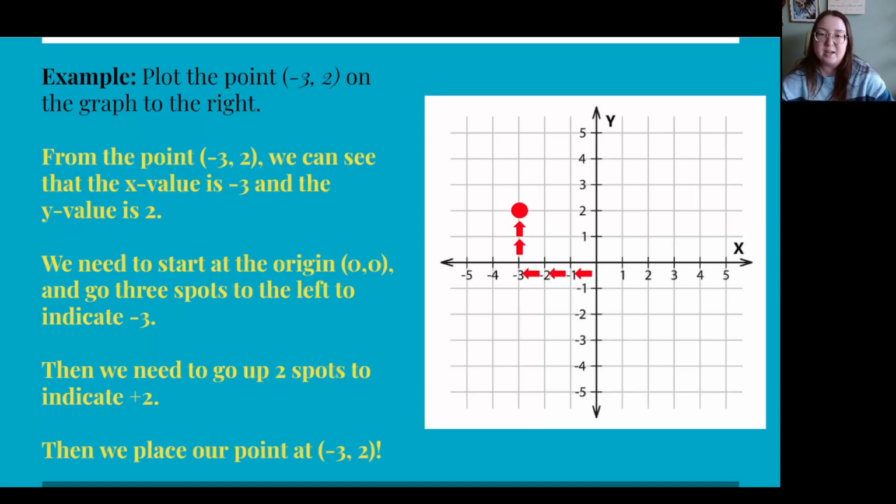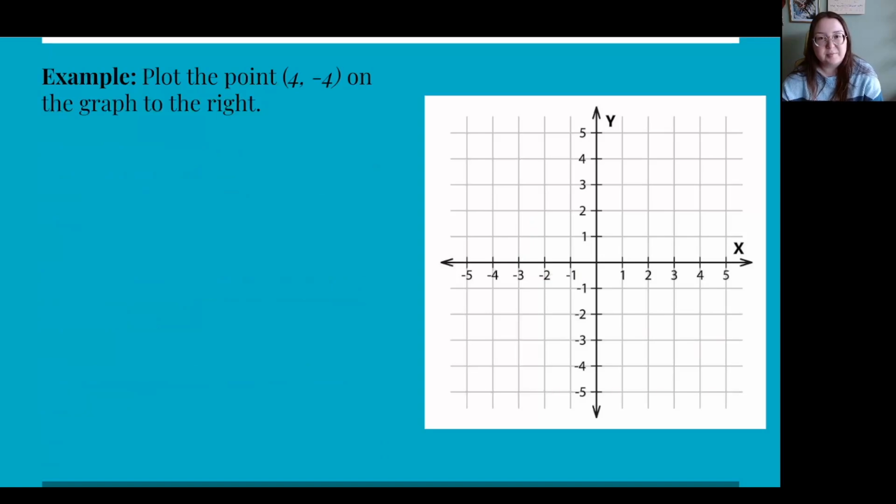That point there is now located at negative 3, comma 2. We can see that following along our x-axis, our point is located at negative 3, and then up it's at 2. So you can always find what ordered pair your point is at as well by looking along those lines. You find your x, you find your y, that's going to be the ordered pair.